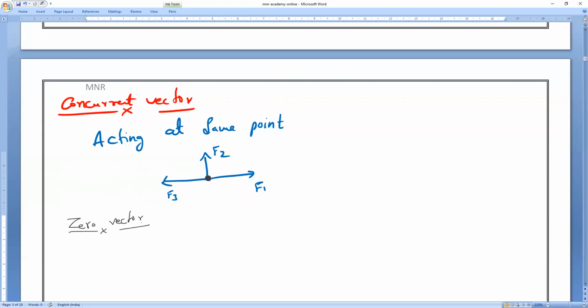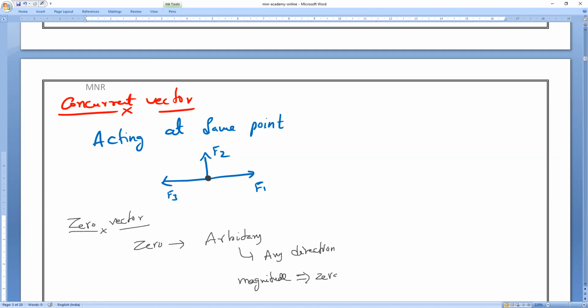Next, zero vector. Zero vector means arbitrary, in the sense that it passes in any direction, or the magnitude of that vector is zero.